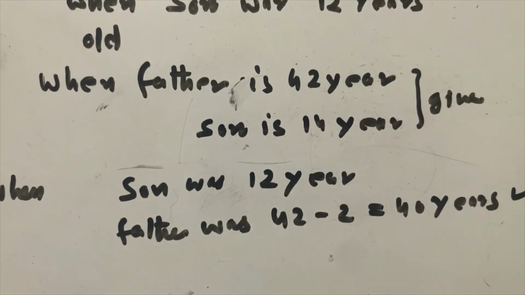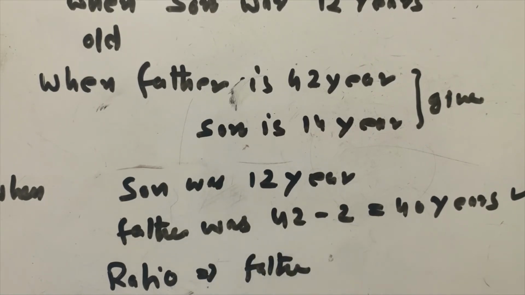Therefore, the ratio between father and son when son was 12 years: father was 40 years and son was 12 years.